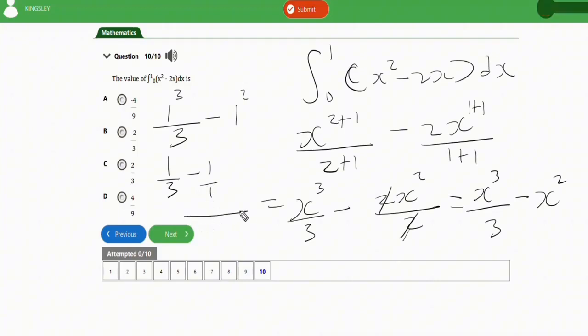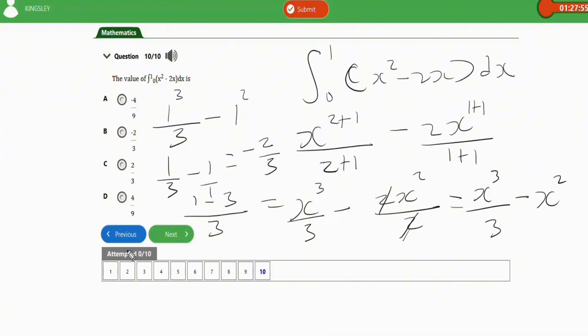So the LCM is 3. 3 into 3 is 1, 1 times 1 gives you 1, minus 1 into 3 is 3, 3 times 1 gives you 3. So 1 minus 3, we have the output to give us minus 2 over 3. So that's it for the upper limit.